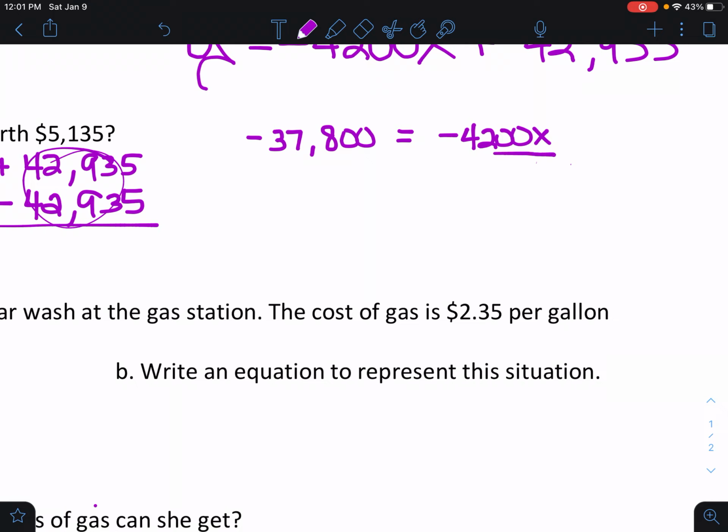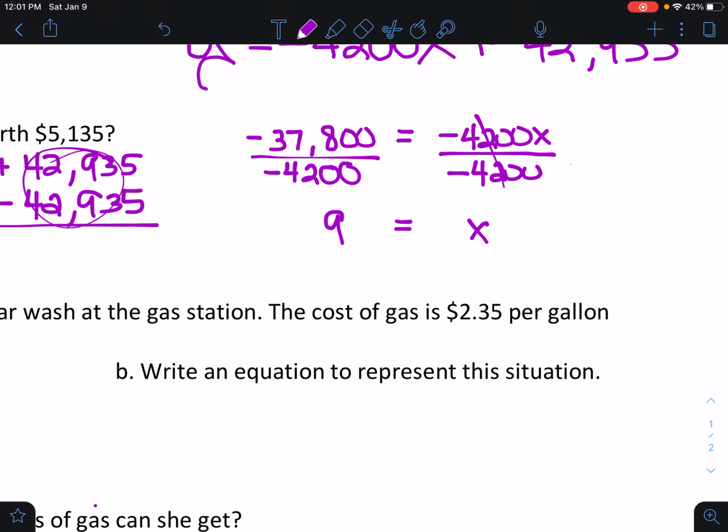So that means I have to do the opposite and divide. I'm going to do that on both sides. Now I'm going to type this in, divided by negative 4,200, and we get 9. If you type this into your calculator, you get 9. This is 1x, or just x.